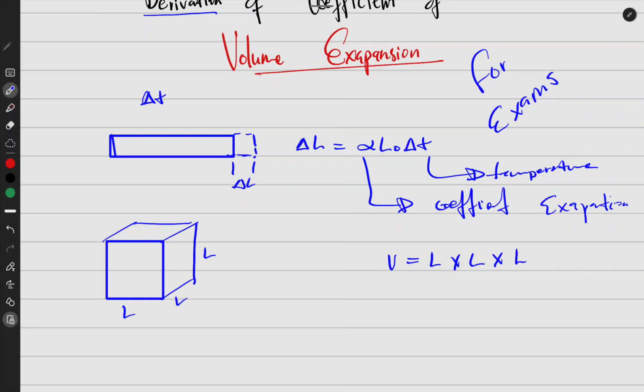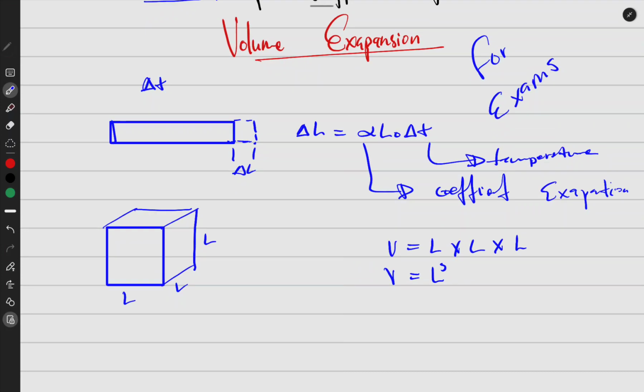Length, breadth, and height are the same, so L cubed is equal to the volume of our cube.